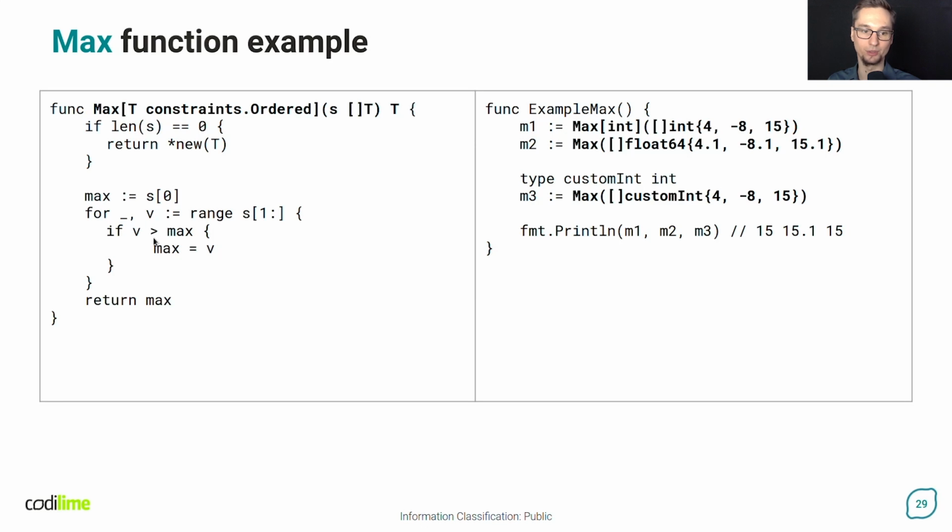So this is why we need to constrain that here. And at the right side we have the usage. Here we have explicitly stated type argument integer, but it also can be omitted because it's inferred by the compiler. And also here we have a proof that this custom type based on int is also accepted by the function. So the user passes a slice of custom ints and the code compiles and works.